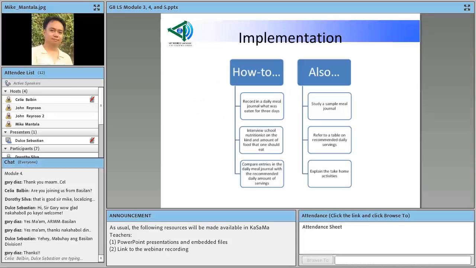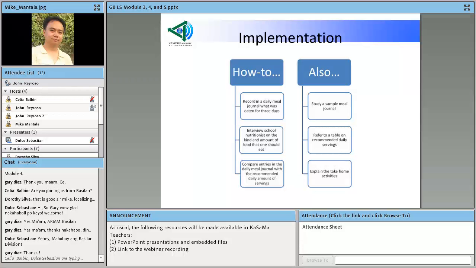Okay, so how do we implement the activity? Our students would record their daily meals in a daily meal journal, what was eaten, for 3 days. They interview school nutritionists on the kind and amount of food that one should eat. Kung wala silang school nutritionist, baka naman makatulong yung school nurse. Kung walang school nurse, probably pwede itong ibigay na assignment sa kanila, and they can be asked to interview their community health workers.